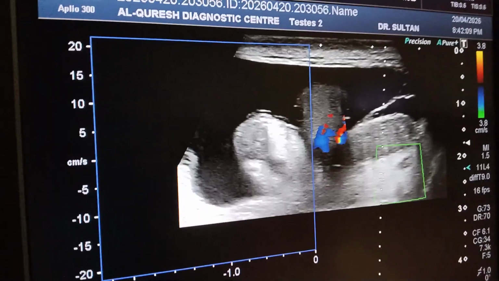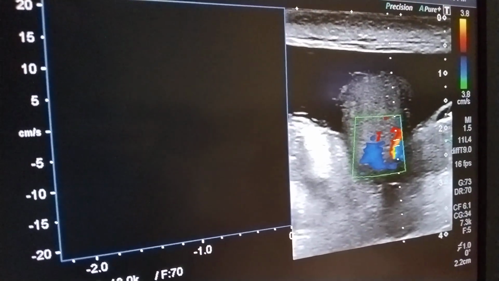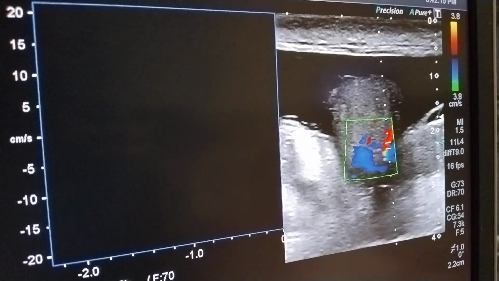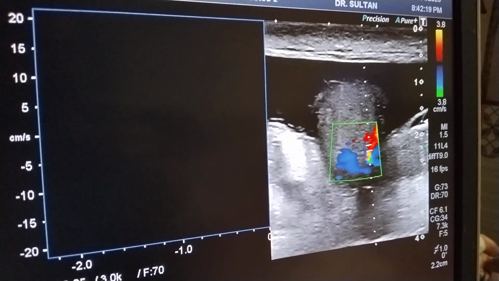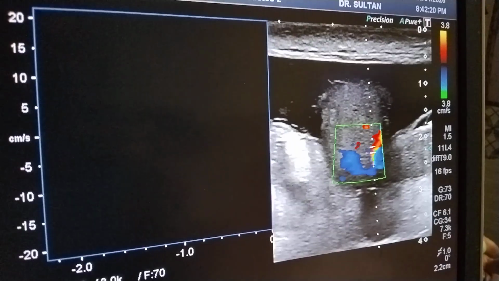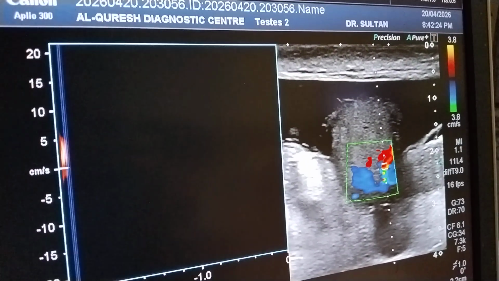Also now we see the vascularity of the arterial waveform. What is the velocity, peak systolic and end diastolic, and flow?